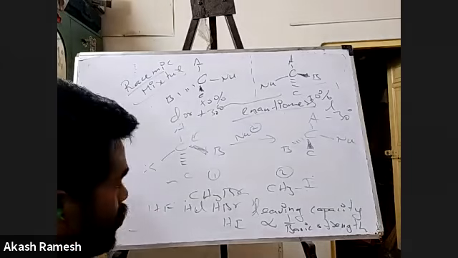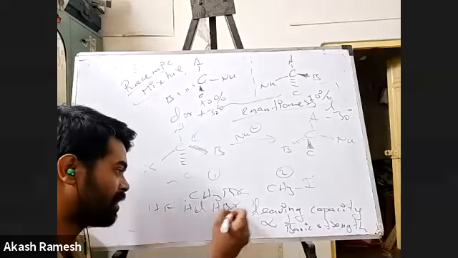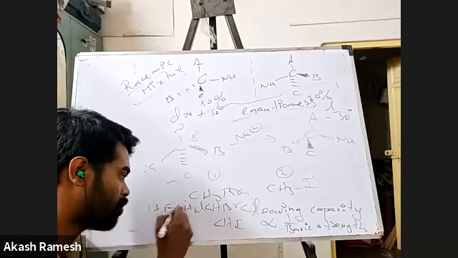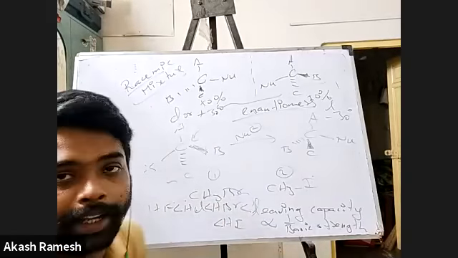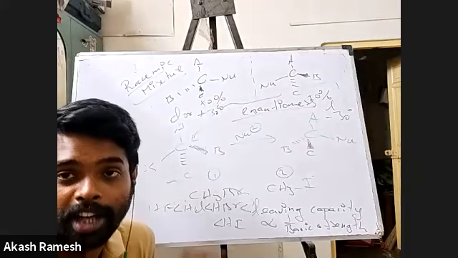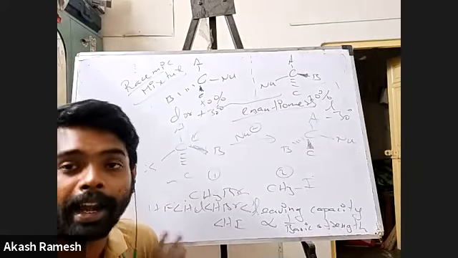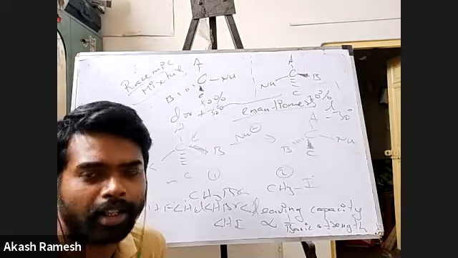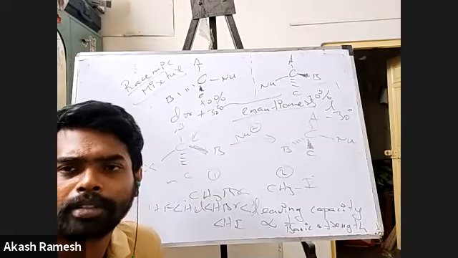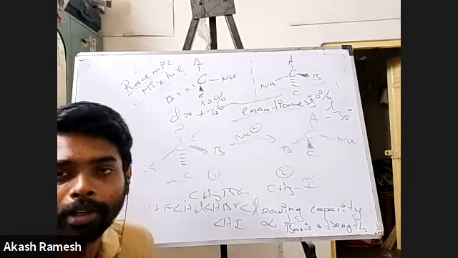Okay. So it is HI greater than HBr, greater than HCl, greater than HF. That means HI is the strongest acid and HF is the weakest acid. At least can you tell me the reason for this? Why am I seeing this order?